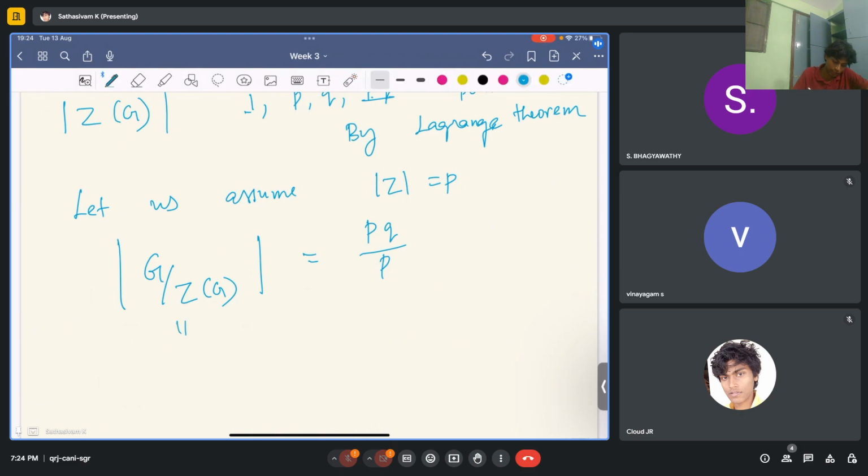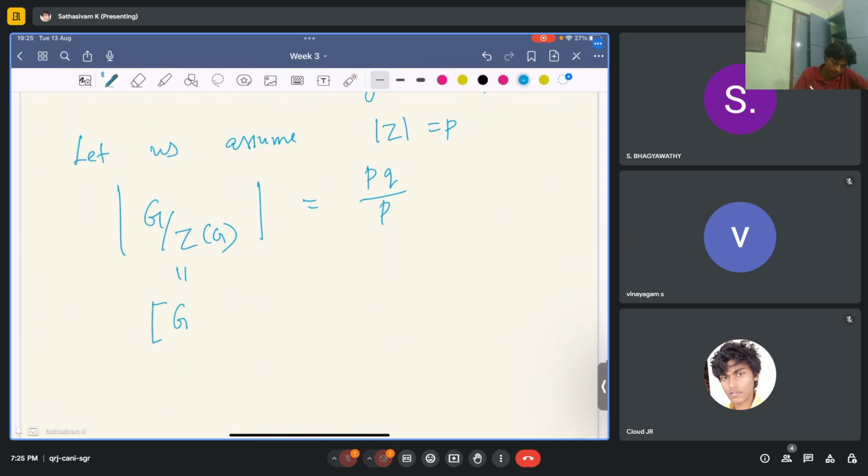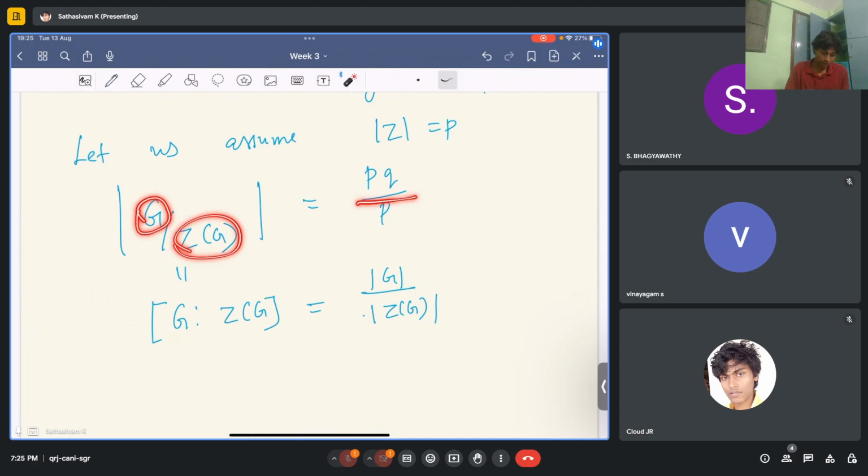This is nothing but the index of the center in G. By Lagrange's theorem, the index is the order of G divided by the order of the center of G. So you can just write both orders and divide. That's all. So this order is Q.